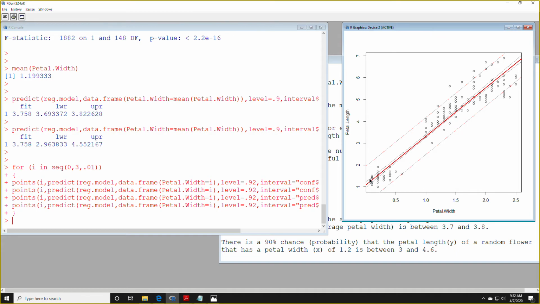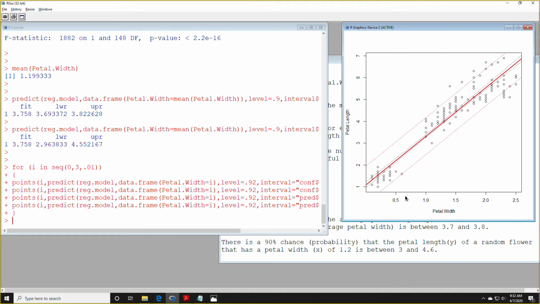And so we can see this dotted black line. Those are all of the 90% confidence intervals. So again, the confidence interval is from here to here, right? We're 90% confident that the petal length when a petal width is 0.5 is between here and here, right? When it's 1, we're 90% confident that it's here and here, etc., going up and down.